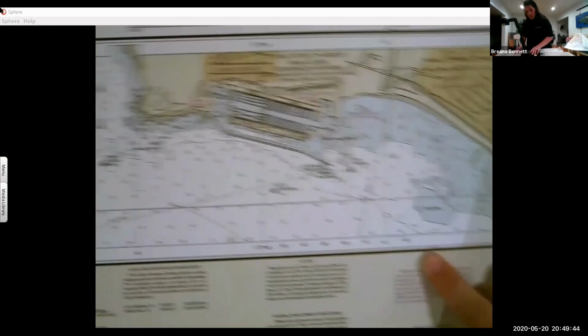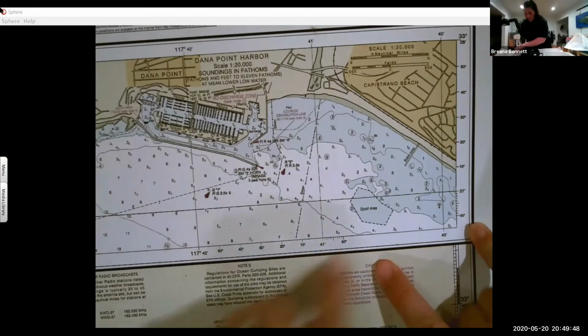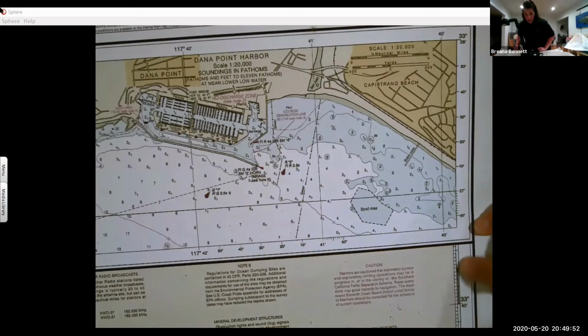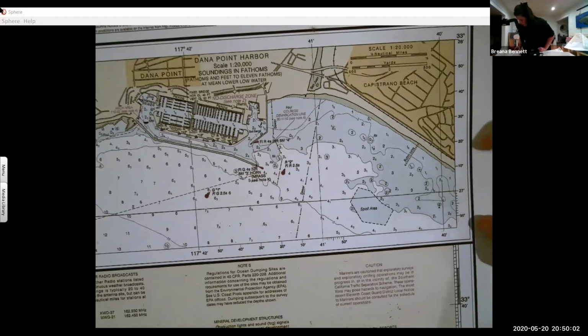You guys see that? Yeah. So on the big chart, our latitudes look like this, and we're in tenths of a mile. Here, what is that, a mile? That doesn't make sense.